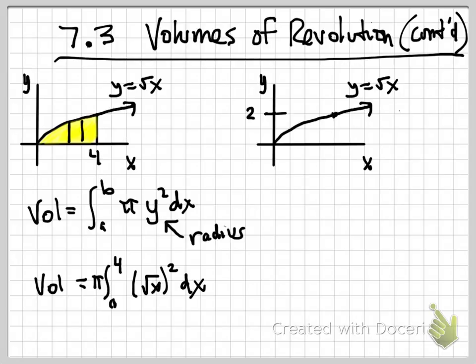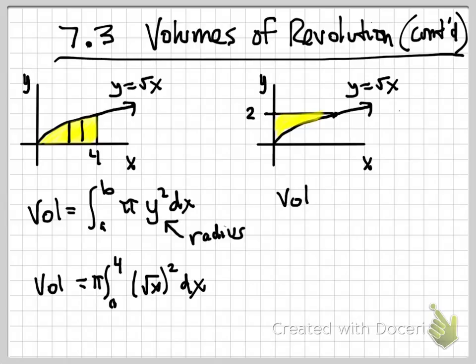So why don't we look at taking this area, between the curve and the y-axis, and spin that around our y-axis. Okay, so how does the equation change?